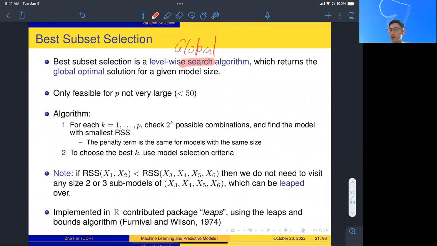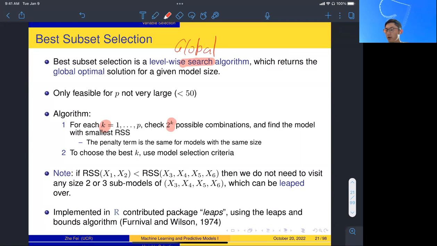The idea is that for a given model size K, where K would be from 1 to P, we want to check all of the 2 to the power k possible combinations of the variables we have, and find the model with the smallest criterion, either residual sum of squares or maybe negative log likelihood.